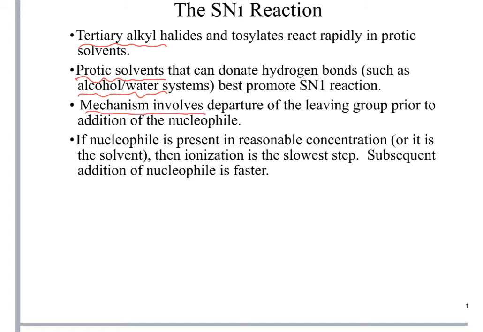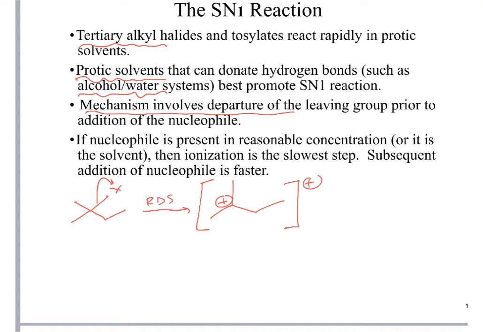Mechanism follows a two-step pathway, with the rate determining step being dissociation of the leaving group. So step 1 is dissociation of the leaving group, leading to formation of the carbocation intermediate, followed by addition of nucleophile to give us substituted product.